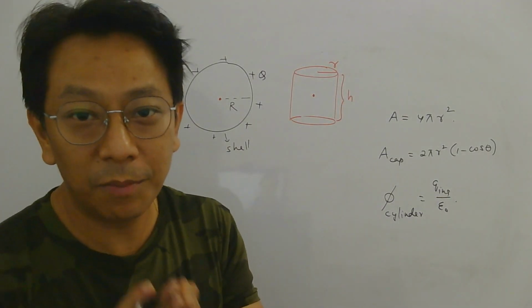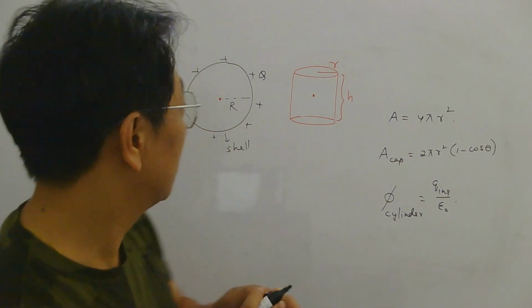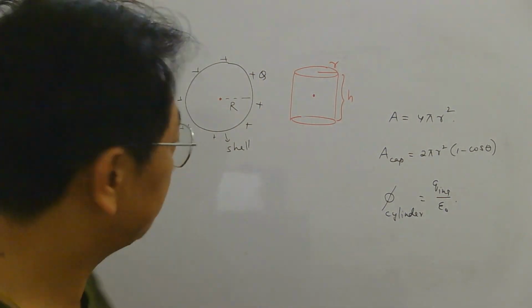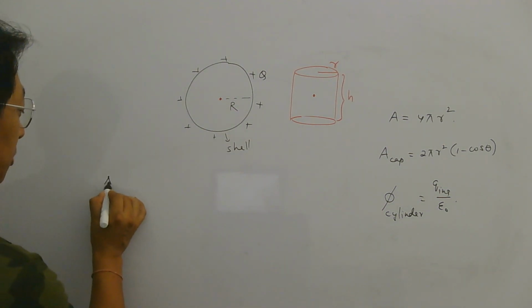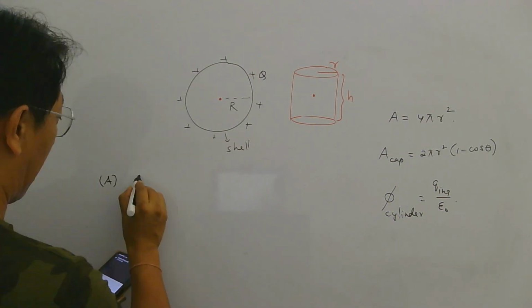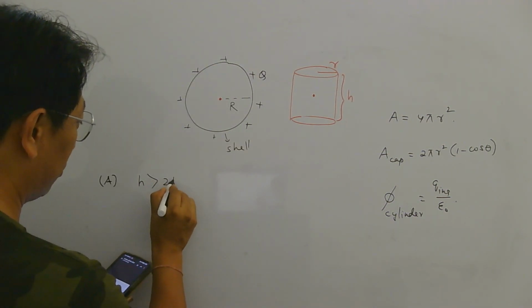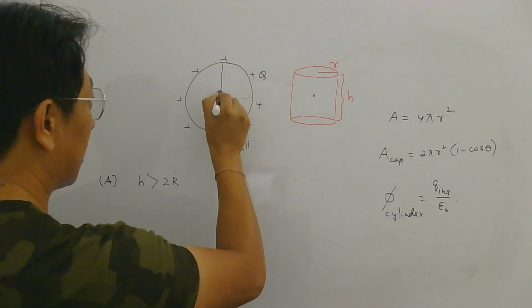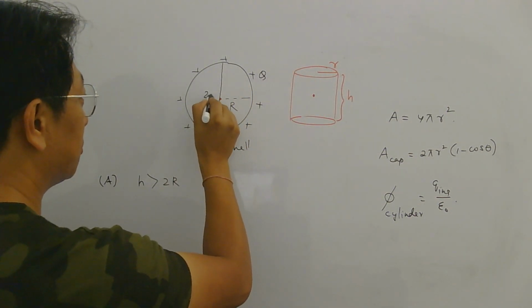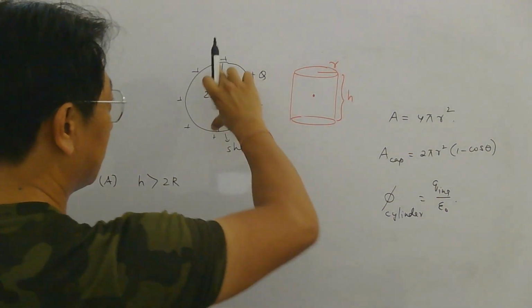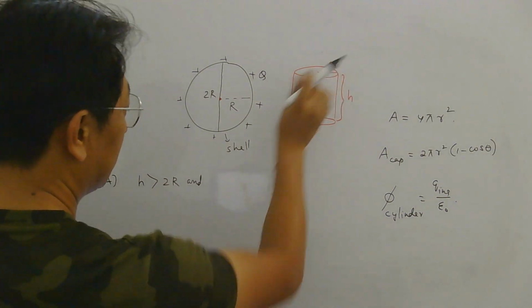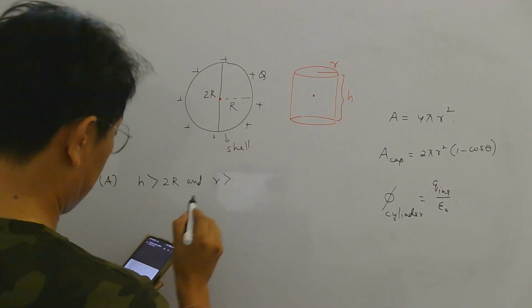So let us check one by one how much charge will be inside the cylinder in different options. In the first option, they have told height is greater than 2R. So this height is greater than 2R. 2R means this diameter, yes or no? This is 2R. So this height is greater than this, and this radius is greater than capital R.